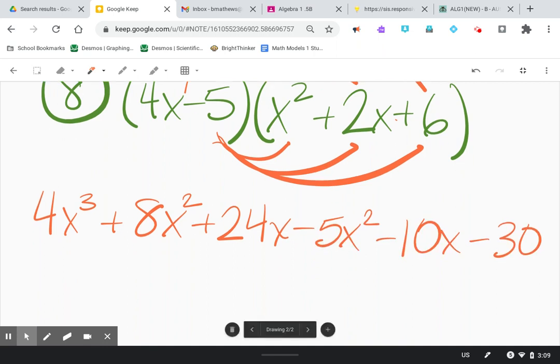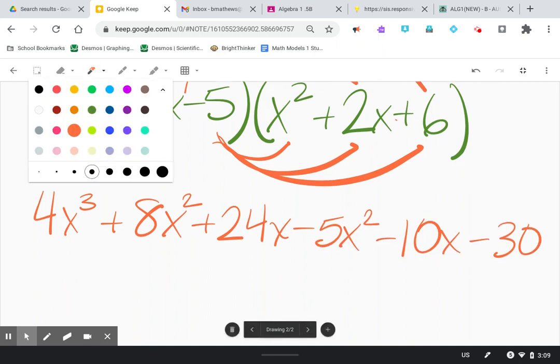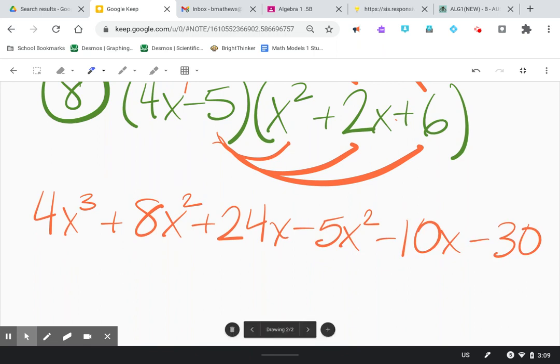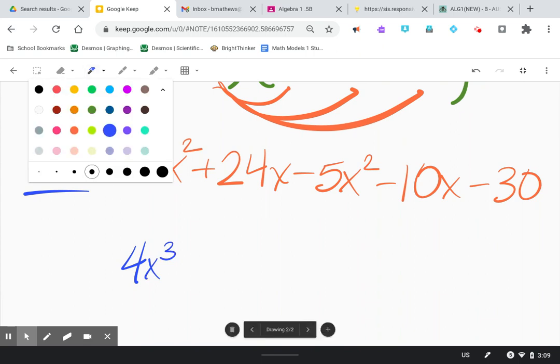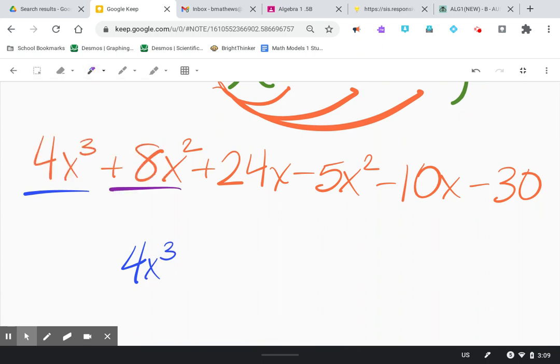Well, now we're ready to combine like terms. So we go through and we try to find things that are the same term. Let's see. The 4x to the third is good to go. Then we have x squareds right here and right here. 8 minus 5 is 3x squared.